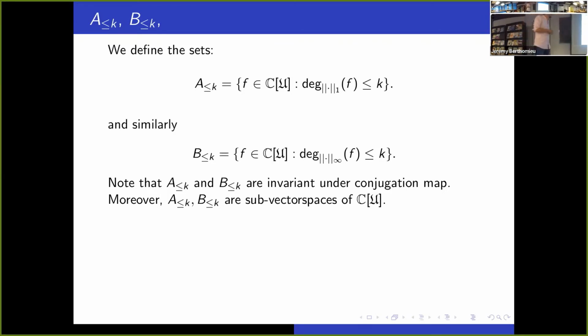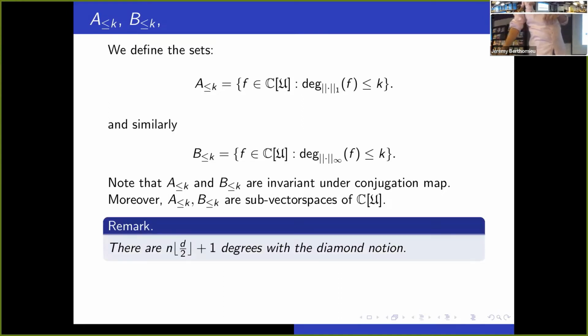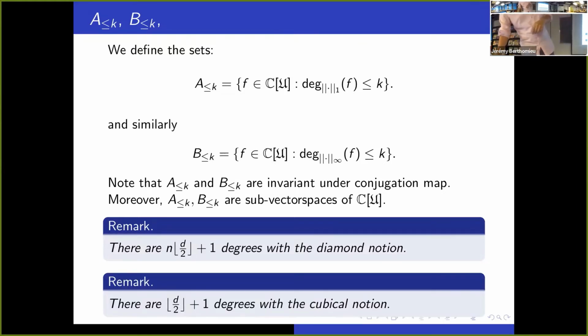You can check this. And moreover, A_k and B_k are sub-vector spaces of C[U]. And there are n times the integer part of d over 2, plus 1 degrees with the diamond notion, and there are the integer part of d over 2, plus 1 degrees with the cubical notion. Always there are more degrees with the diamond notion.